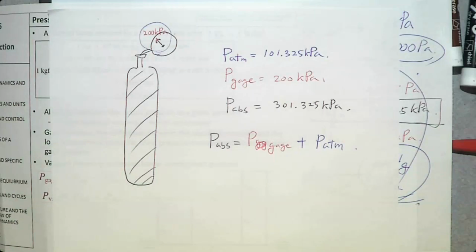In fluid mechanics, when you study fluid kinematics, you can just ignore the atmospheric pressure and only use gauge pressure. In some subjects you can only use gauge pressure, and of course we need to know the actual pressure. So there are so many pressure names.